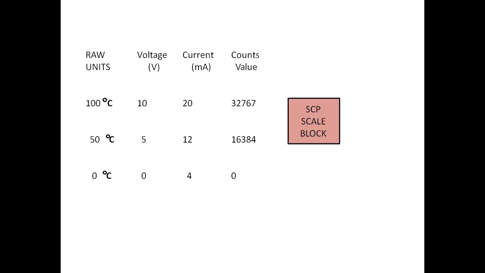Now, the actual measurement we are doing here is 0 to 100 degrees centigrade, but what we are getting from the conversion is 0 to 32767. So we need to convert this 0 to 32767 using a scale block. Using a scale block, we can convert it again to 0 to 100, which is known as engineering units.